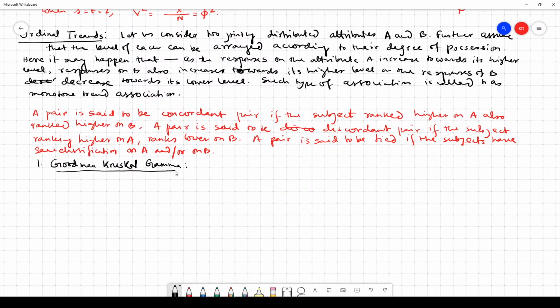Let C and D be respectively the number of concordance pairs and the number of discordance pairs.